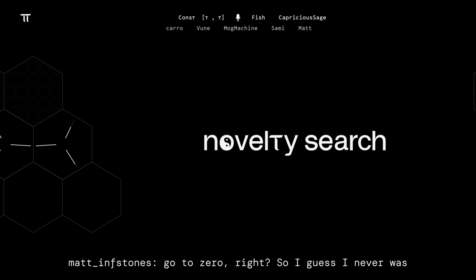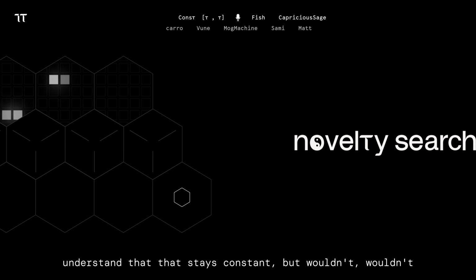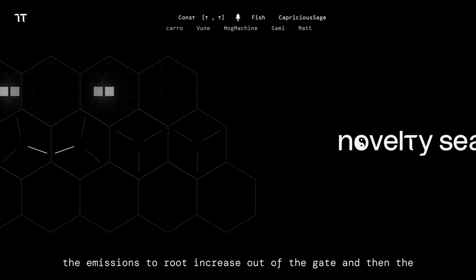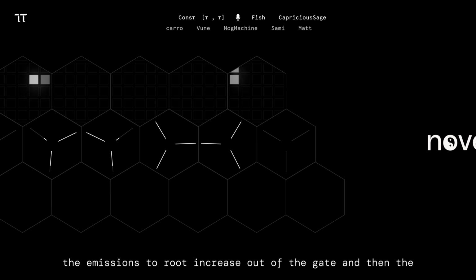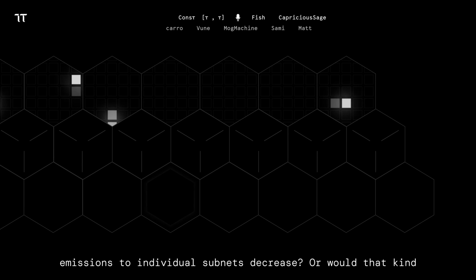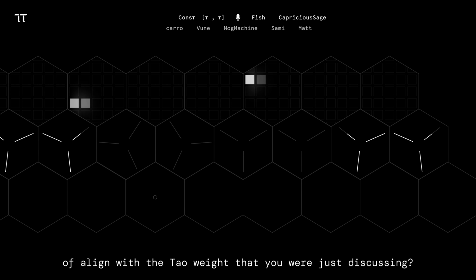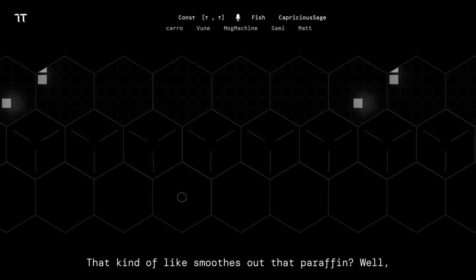Right. So I guess I never was worried about the emission going to 0 because I understand that stays constant, but wouldn't the emissions to root increase out of the gate and then the emissions to individual subnets decrease, or would that align with the tau weight that you were just discussing that smooths out that curve?